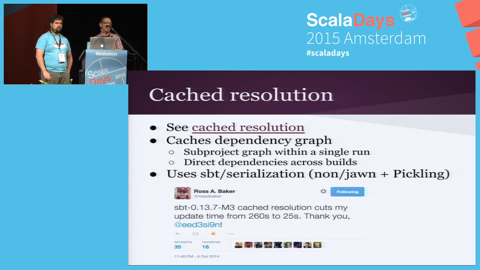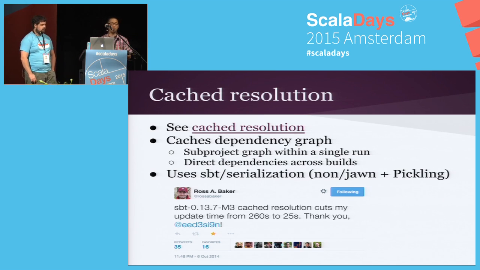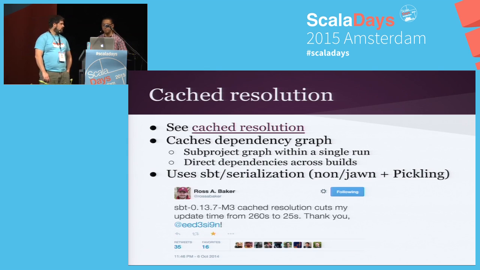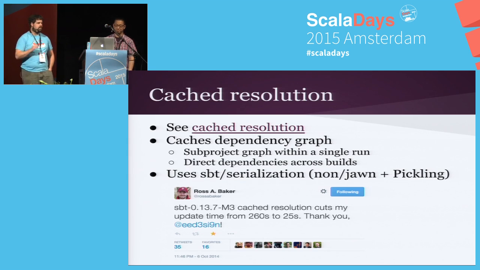So this should get even faster. And yesterday I released 0.13.9 M1. If you haven't tried it yet, you should definitely try the cache resolution with that version if you have a large graph. Yeah, also note to self on optimization: just because it's in the API doesn't mean you should save it. So, yes.